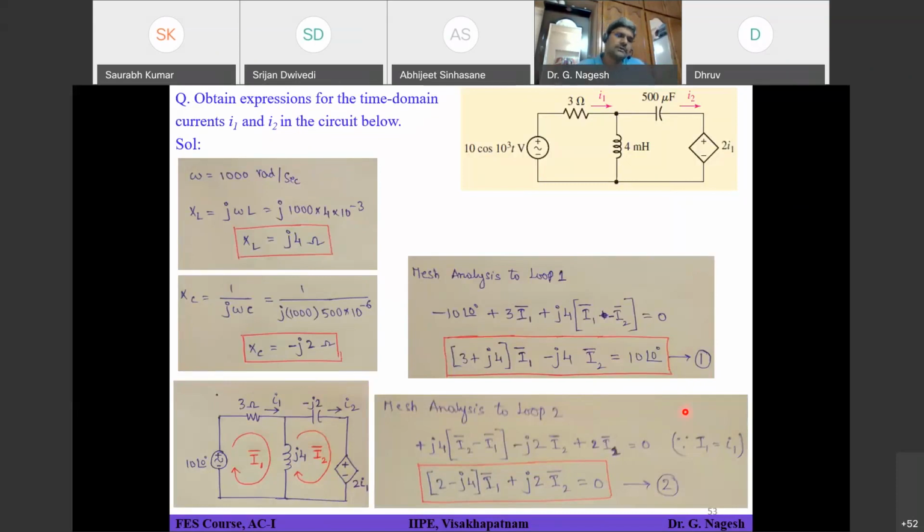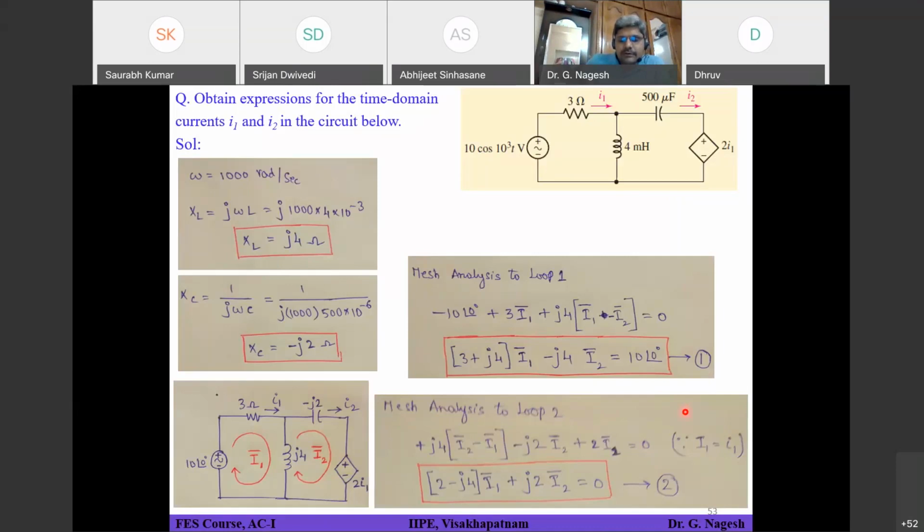If I ask what is the current flowing through the j4 ohm inductive reactance from top to bottom, what will that be? I1 minus I2, sir.